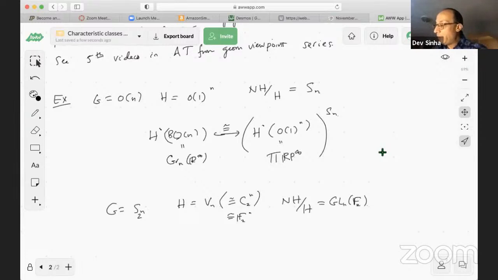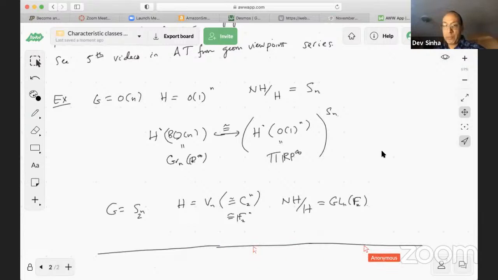So let me say one other thing before leaving cohomology of symmetric groups. We showed that we have this homomorphism onto these symmetric polynomials.